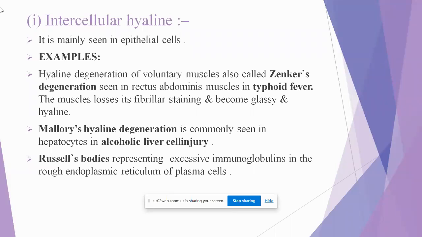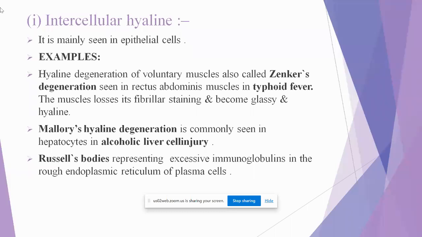The muscle loses its fibrillar staining and becomes glassy and hyaline. Also, Mallory's hyaline is commonly seen in hepatocytes in alcoholic liver cell injury.